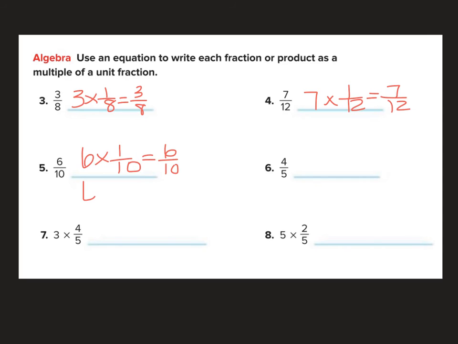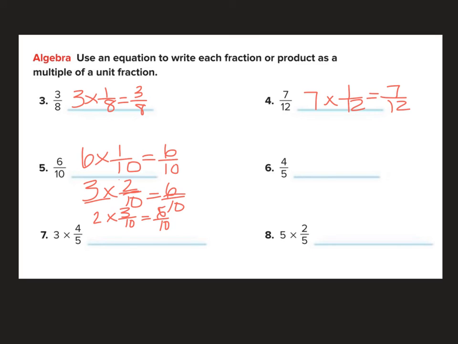So this one I could also do, oh sorry, 3 times 2/10 to equal 6/10, right? 3 times 2 is 6. I could do 2 times 3/10 equals 6/10.